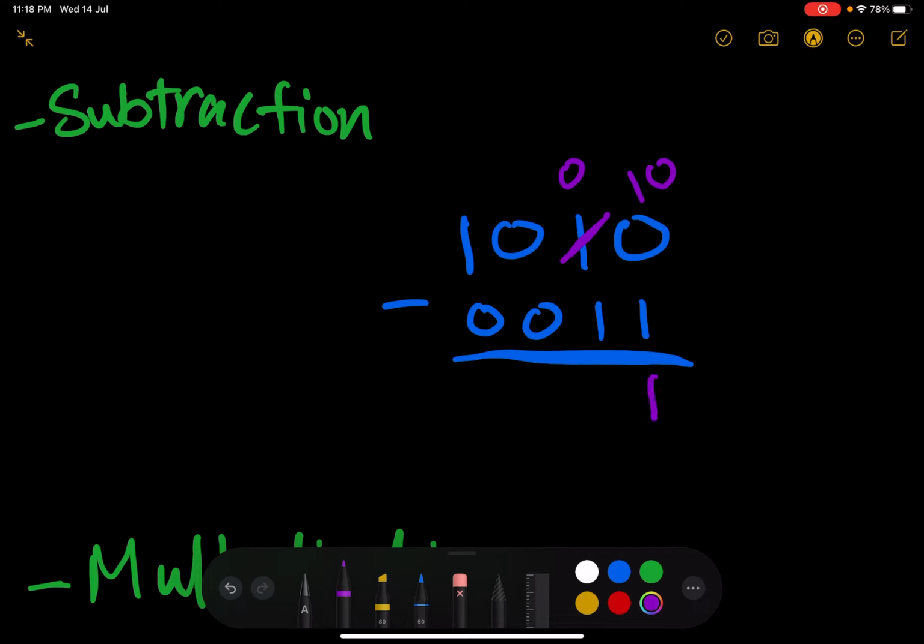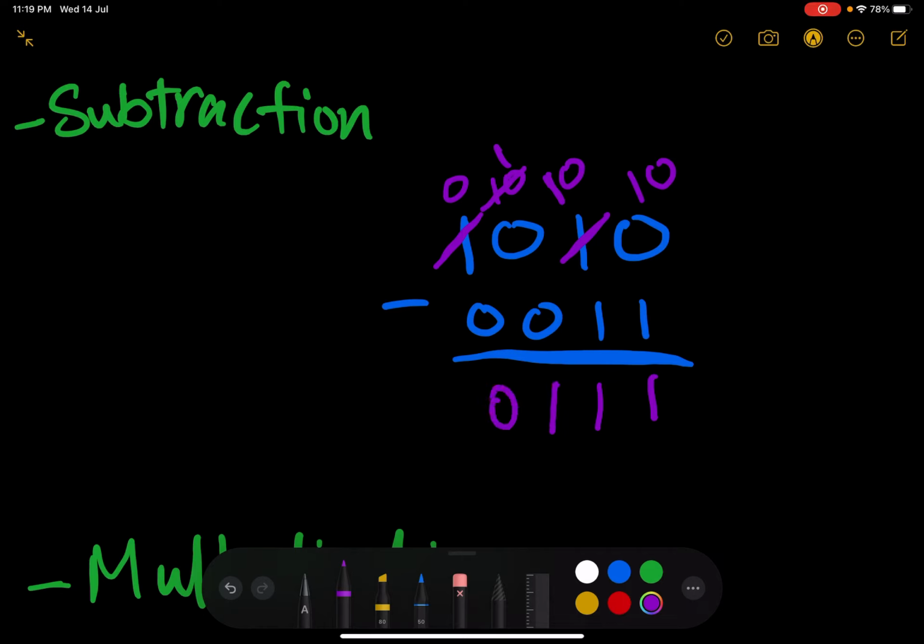Then for this part, it's also going to borrow, so 0, and here it will become 2. Then this one wants to borrow, so this one will be 1, and here we have 2. Then 2 minus 1 is 1, and 1 minus 1 is 0, 0 minus 0 is 0.